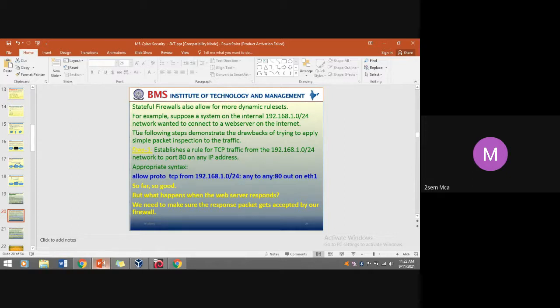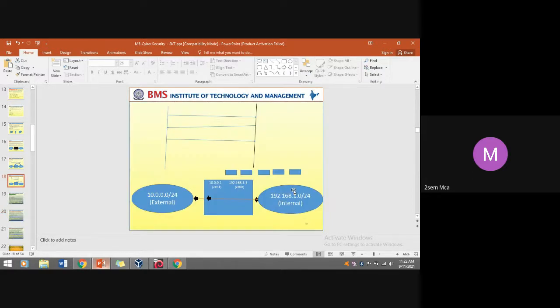For example, suppose a system on the internal network wants to connect to a web server on the internet. Think of the web server as present at the external site.